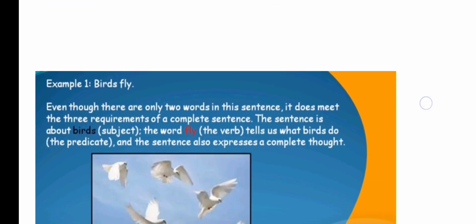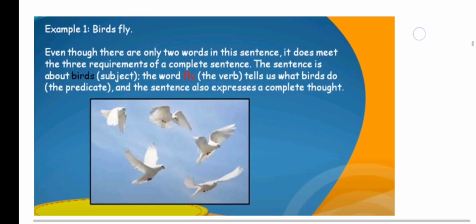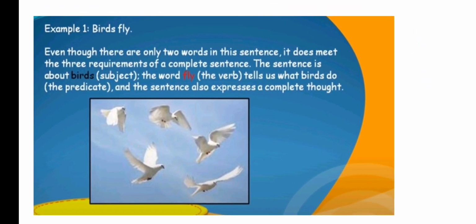Birds fly. So, this is a sentence and it makes sense. But this sentence has only two words. That is, birds fly. Two words. Birds is a noun, a name of a thing.